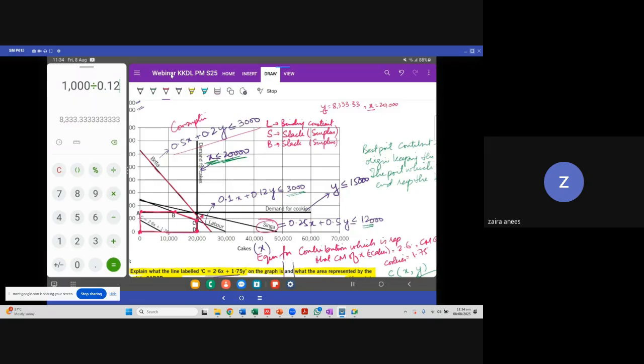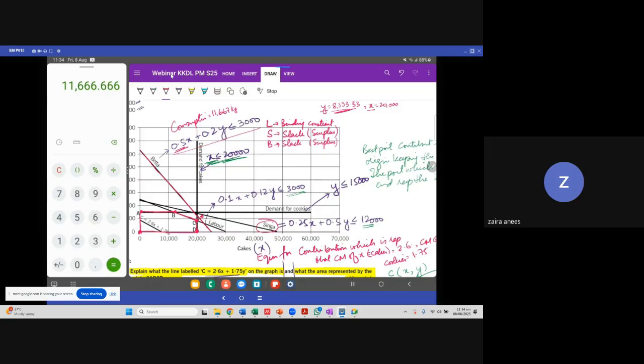Let me try to do it. 0.5 into X, which is 20,000, and 0.2 into Y, which is 8,333. The answer is 11,666.6. Means consumption will be 11,667 kilograms, which is definite.